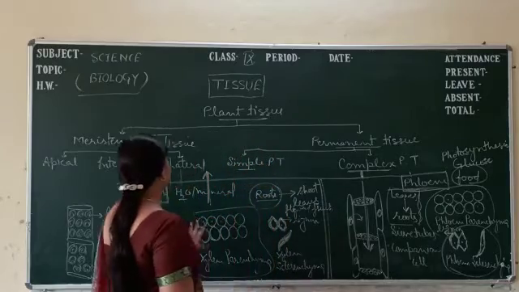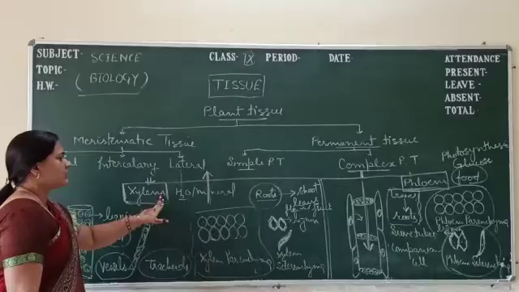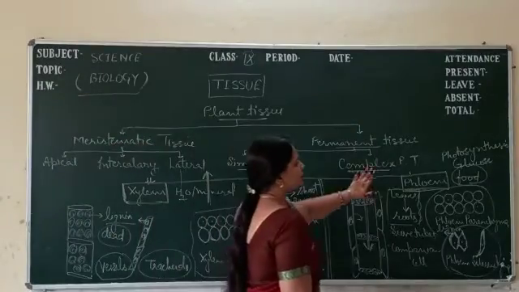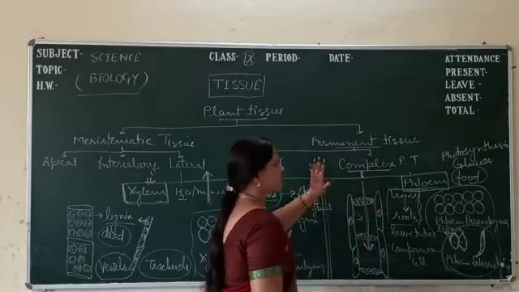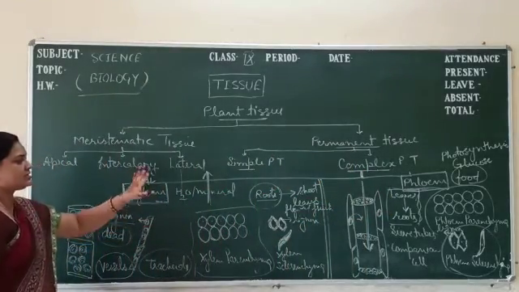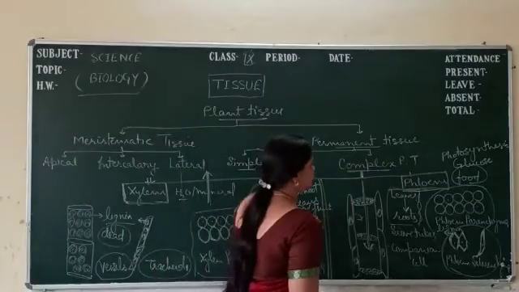So what is the difference between xylem and phloem? The first difference is xylem conducts water and minerals throughout the plant, but phloem conducts liquid food, and the direction of conduction in xylem is always upward and in phloem is always downward.